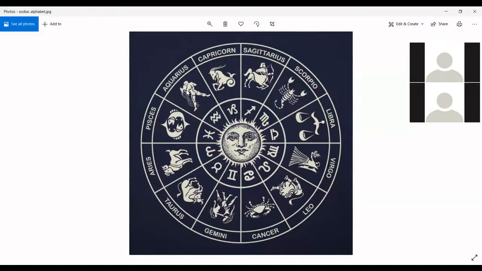Just keep that in mind. When we're talking about aspects, we're really talking about the regard that planets and signs have for each other. I'm moving a little ahead of myself, but I think it's important to understand. If I have a planet in Aries and a planet in Cancer, it's possible they could be in aspect.